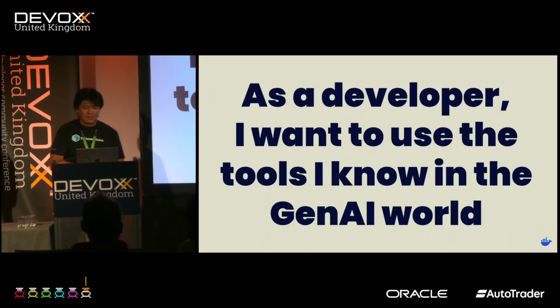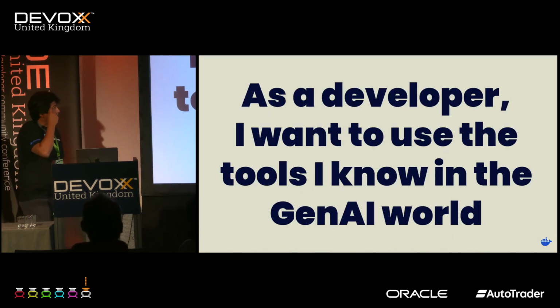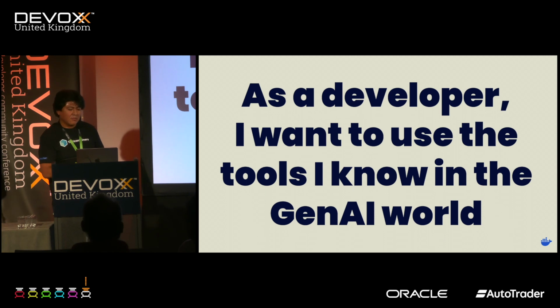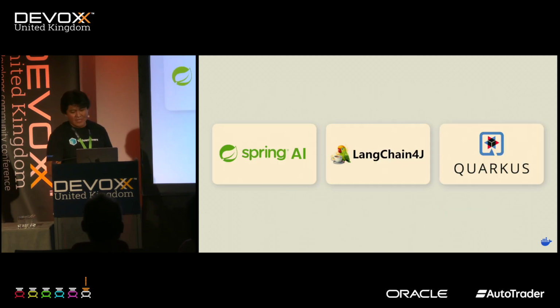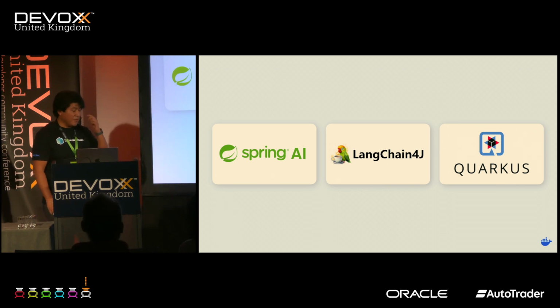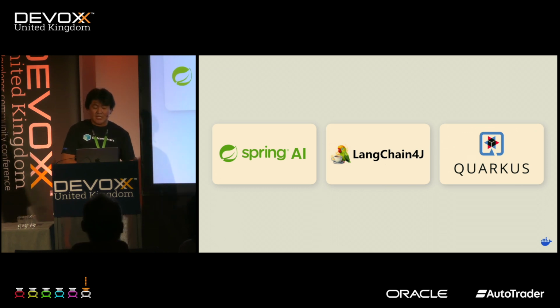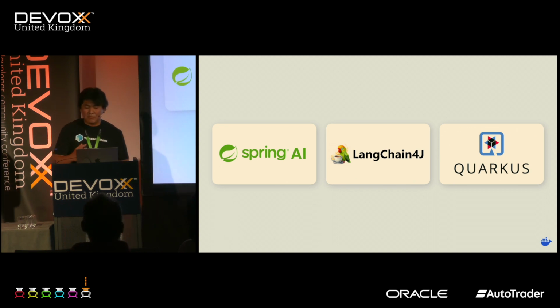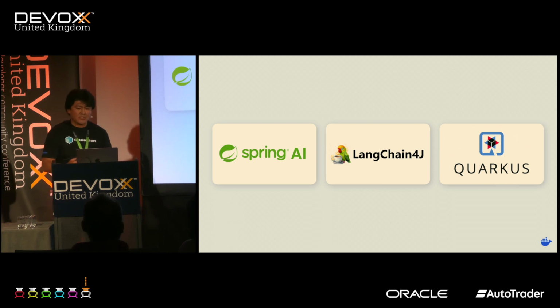Okay, but this is the problem, right? As a Java developer, I want to use the tools that I know in the GenAI world. And what are those tools? I am very familiar with Java and Spring, one of those technologies. Spring offers a Spring AI module in which you can interact with models and vector stores.